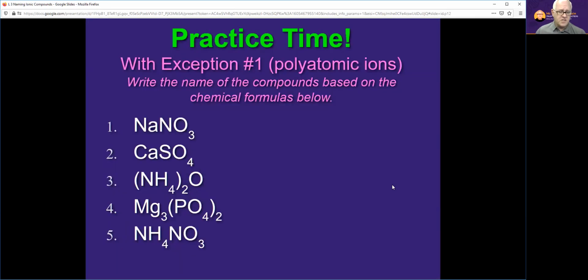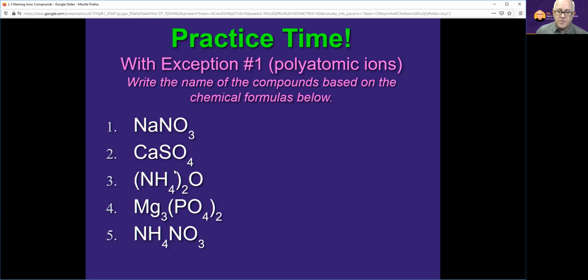Here's some practice. Let's take a couple minutes, work on that in your notes pack. And remember, don't forget to use the exception for the polyatomic ions. So we want to write the name of the compounds based on the chemical formulas below. And if we just look at this carefully, we can see we have NO3, that's a polyatomic ion. SO4, that's a polyatomic ion.